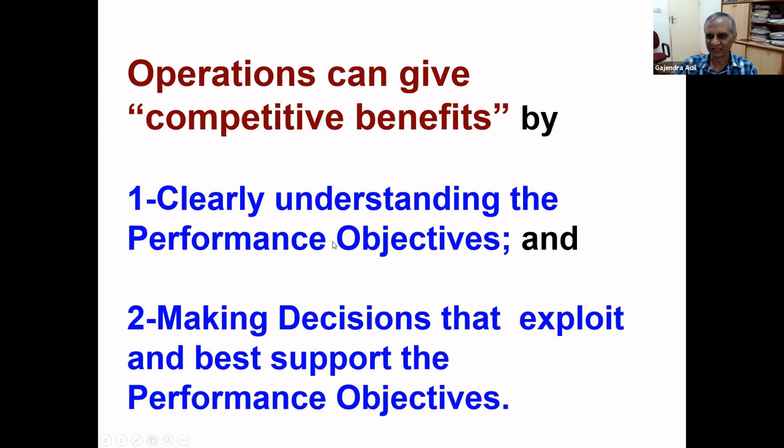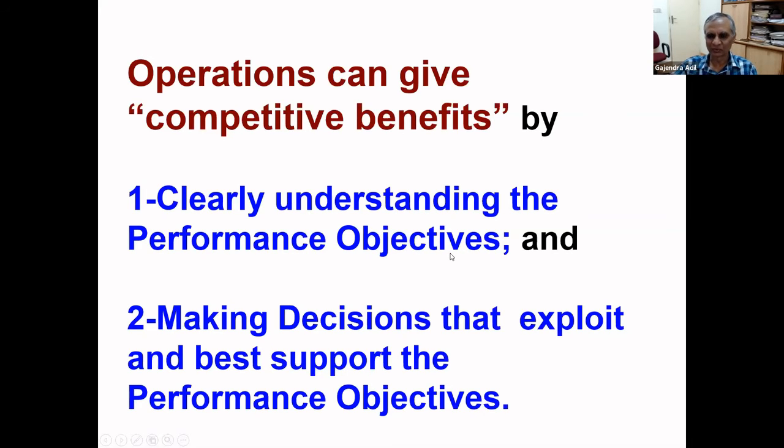Then the decisions you make in different areas of operations, from inventory policy to processing to equipment, should all support that. Your decisions are in agreement with your emphasized priorities.